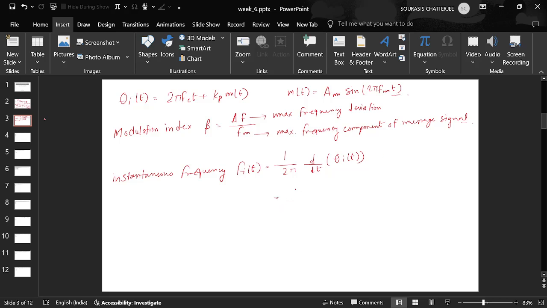And what do you obtain from here? You can see if you take the derivative with respect to t, you're left with 2 pi fc divided by 2 pi, so it would be fc, and here you will have m(t) replaced with this, kp Am sin 2 pi fm t. So let us write it down here: 1 over 2 pi, kp Am is common, and then you have d/dt of sin 2 pi fm t.